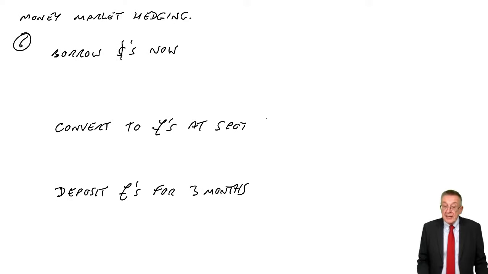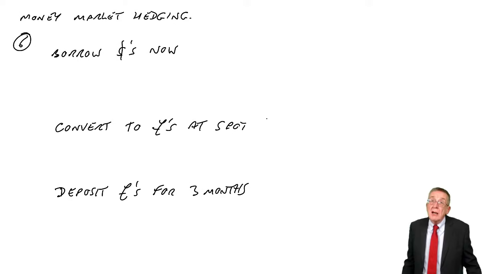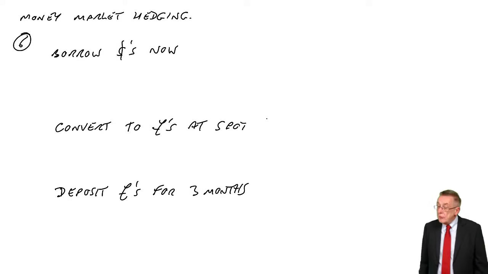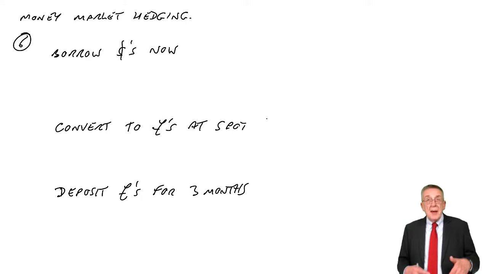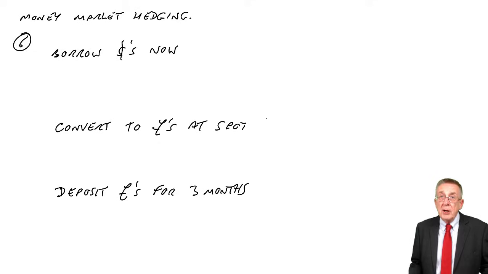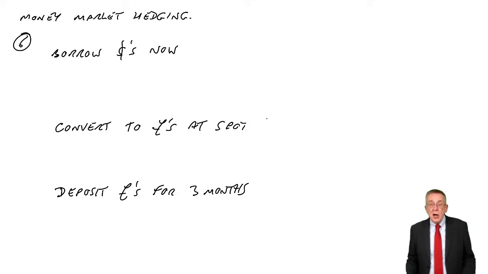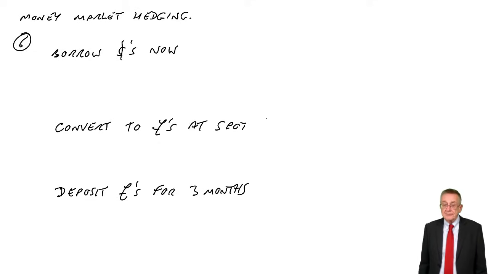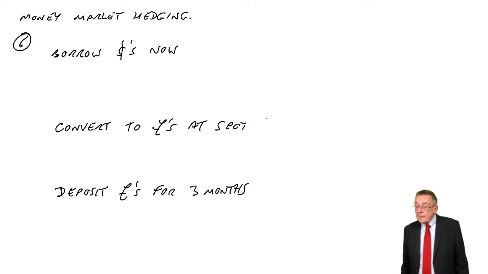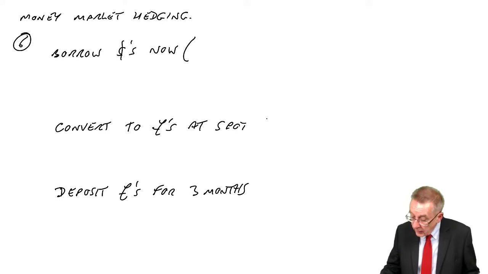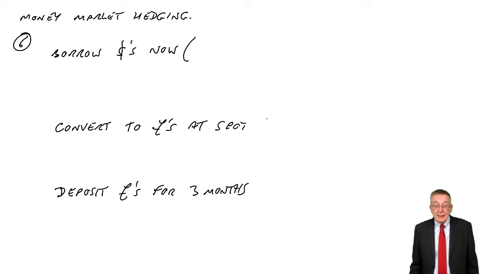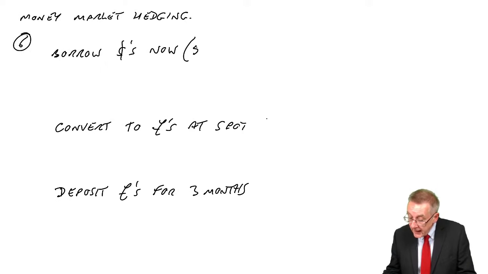If you're borrowing money, the banks will charge you the higher rate. So I don't need to write that down. You'll always pay the higher rate of interest if you're borrowing. You'll receive the lower rate if you're depositing. Well, we're talking about borrowing dollars now. And so the relevant rate for borrowing is 5.8%.